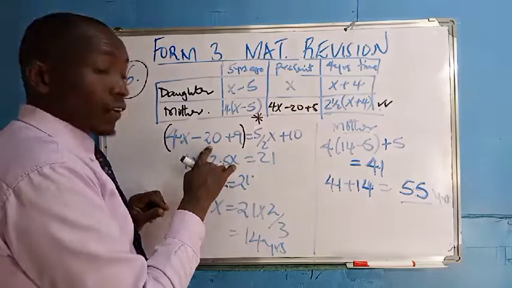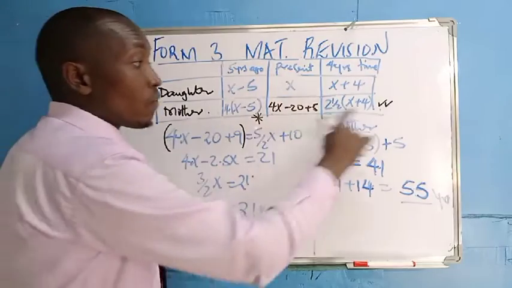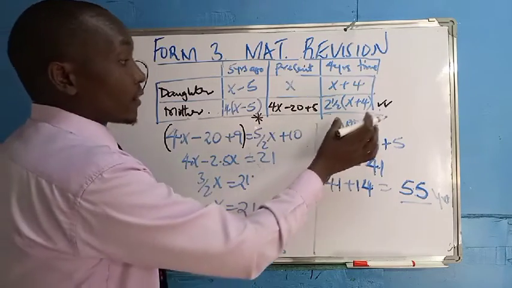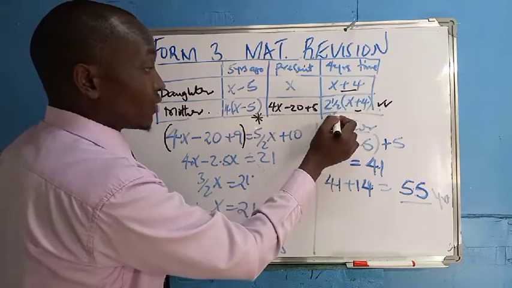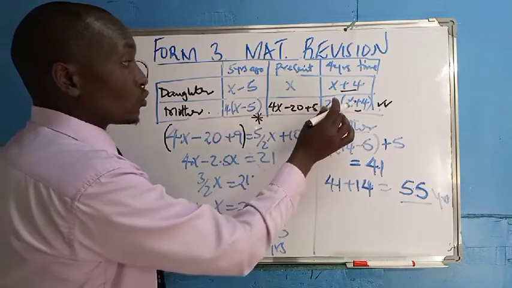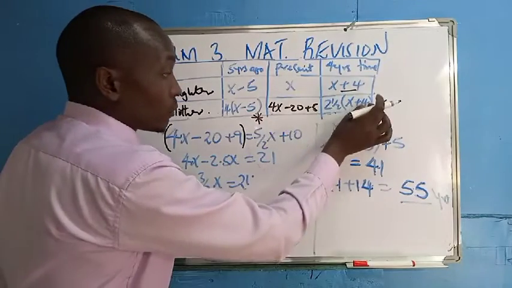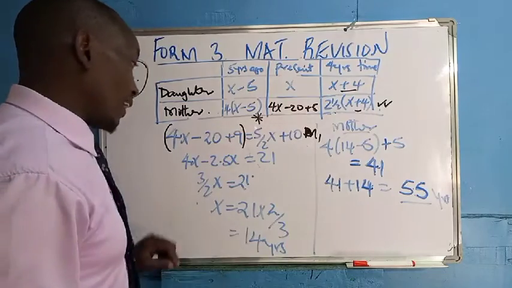Her age 5 years ago plus 9. Because they are 5 years back, 4 years ahead there. Is equal to, okay, the age of the daughter multiplied by 2.5. That's all I've done here. 2.5 multiplied by x, it is 2.5x. 2.5 times 4, it is 10. By doing that, the student gets a method mark there.